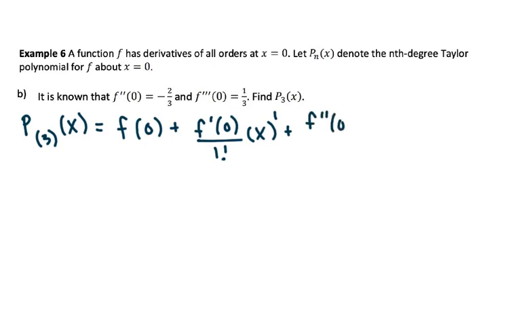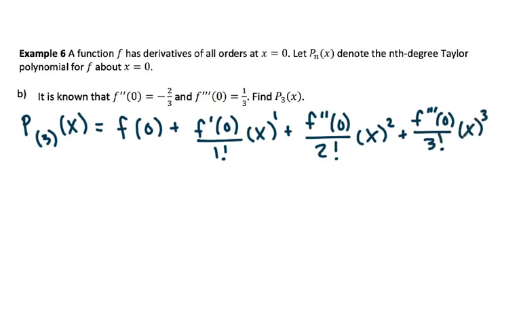Then the second derivative over 2 factorial times x squared, and then the third derivative over 3 factorial times x cubed. Okay, and then let's keep going from there. So I know from part A that f of 0 is -4, and f prime of 0 was 2. Okay, and now we're going to plug in what we know.